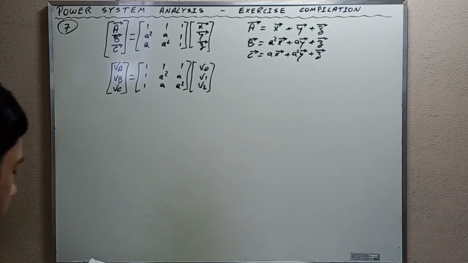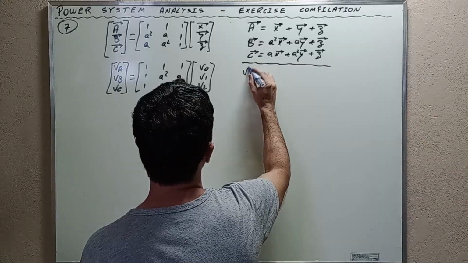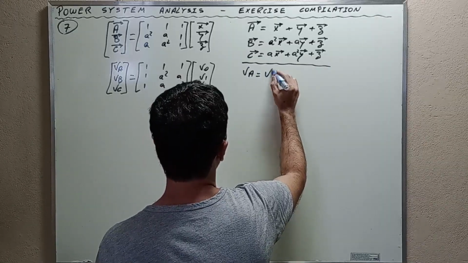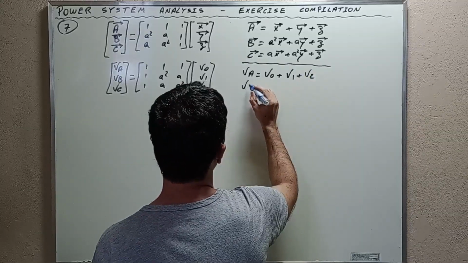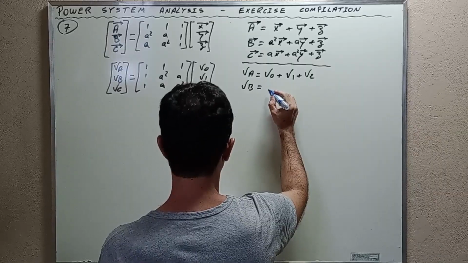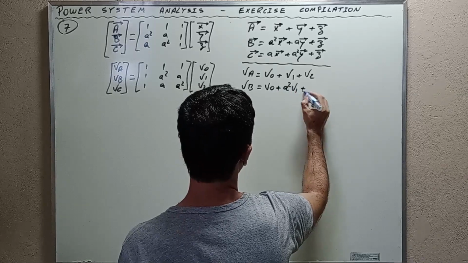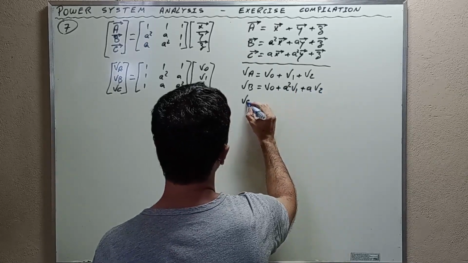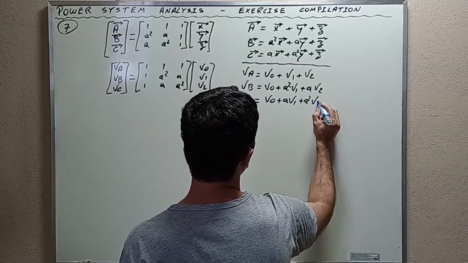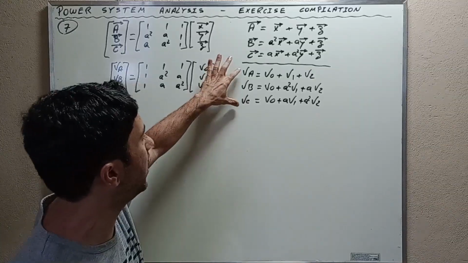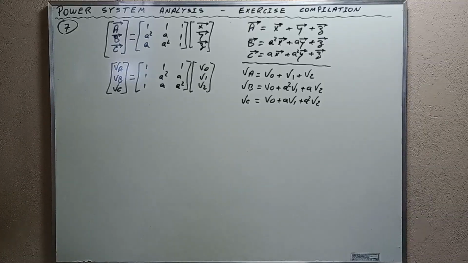And again, if we develop, we find that VA is equal to V0 plus V1 plus V2, VB is equal to V0 plus A squared V1 plus A V2, and VC is equal to V0 plus A V1 plus A squared V2, okay? We have to compare this with this.